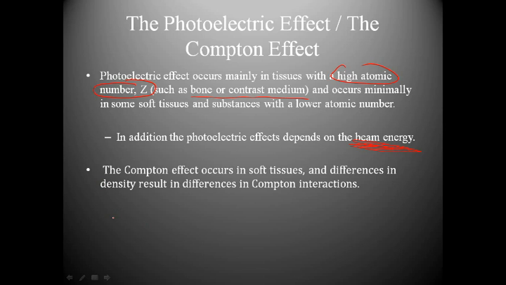So the only thing that you really need to keep in mind is the photoelectric effect, which we'll say is PE, occurs in high atomic numbers, whereas the Compton occurs in low atomic numbers. So that's virtually the only thing that you really need to keep in mind in terms of the interactions here.